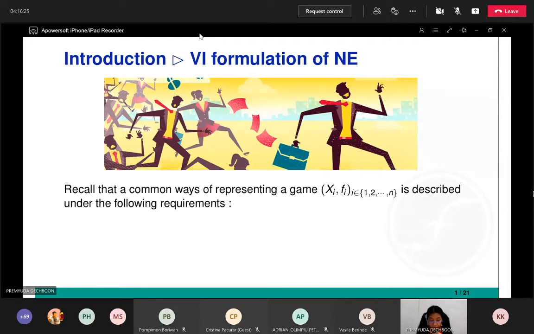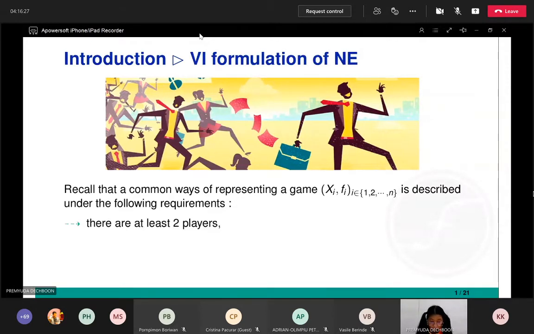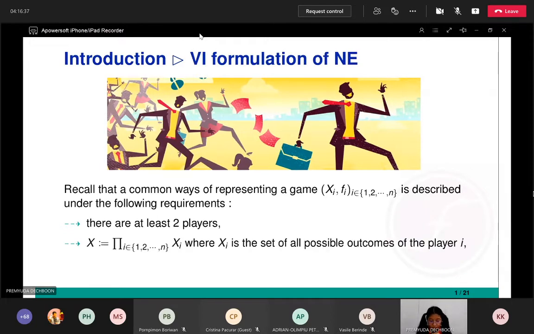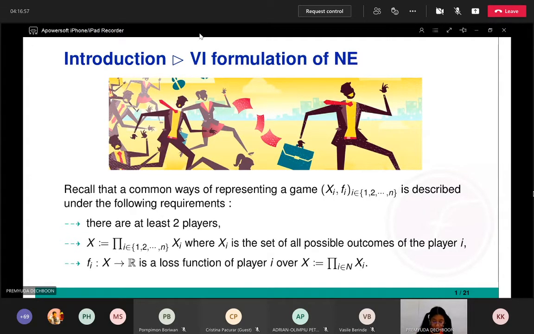So in the game, we need some components, which consist of players. In the game situation, we need at least 2 players. The next thing we require is the set of all possible outcomes, in other words, we call it the strategy set. Like xi is the strategy set for the player i. The next one is the loss function. So fi is the loss function of each player.